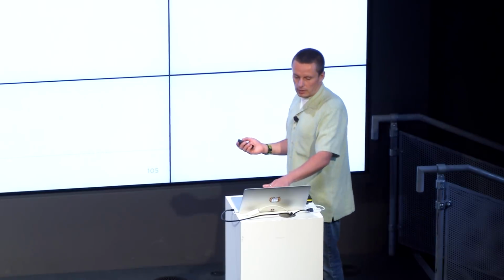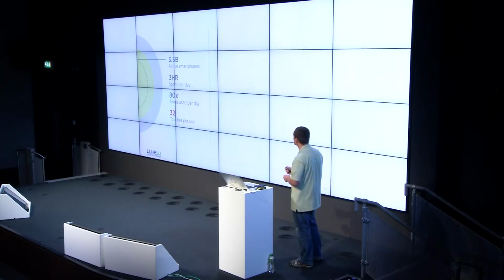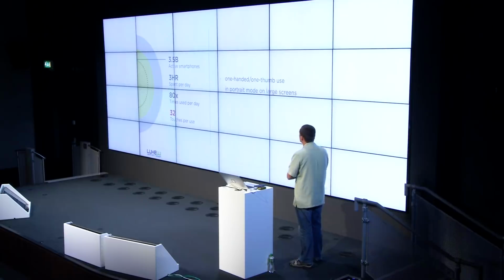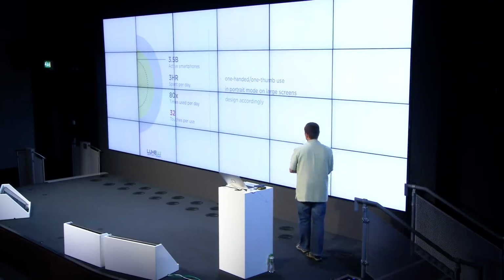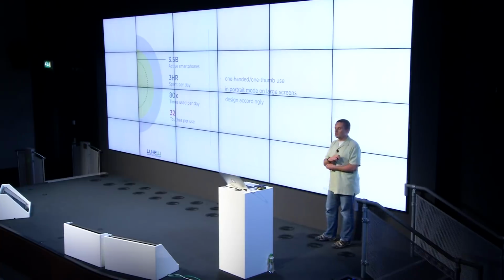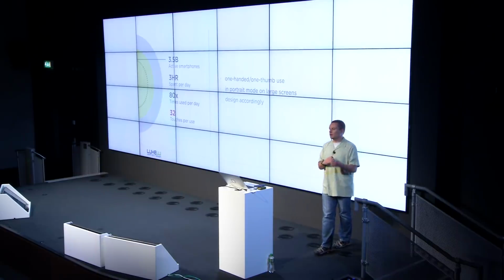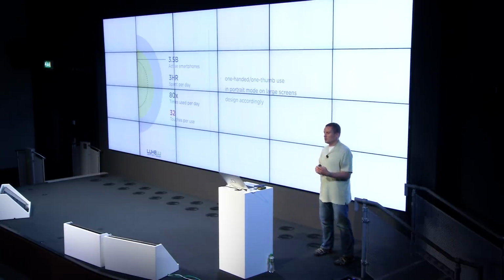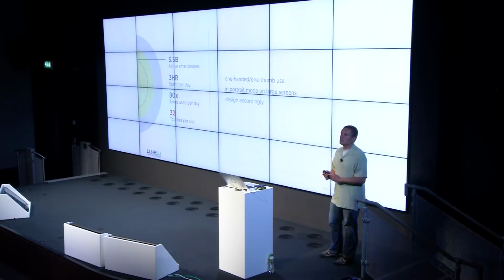And now what we can add on here is that these short sessions mostly consist of one-handed, one-thumb use, mostly in portrait mode on large screens. And once again, you can account for this in your designs. In fact, we can and should account for this reality by taking thumb flow, touch target sizes, call to action placements, all into account as we design for this reality of use.